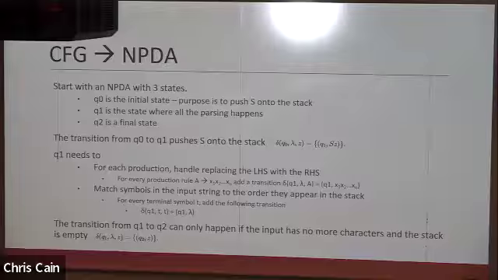If what's on the stack is the same character as what's in the input, then we can move past the character in the input and pop the character off the stack. But now we're actually putting the characters from the grammar. The grammar characters become the stack symbols. So we have both terminals and non-terminals being added to our stack in the NPDA. If we have lowercase letters, they'll represent terminals that we're attempting to map to the input string. And if they're non-terminals, then we need to expand them via some rule in the grammar.